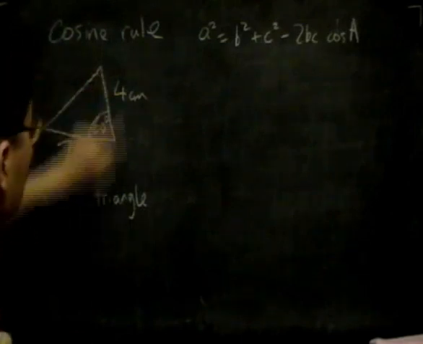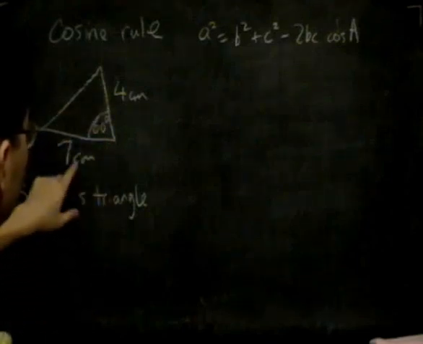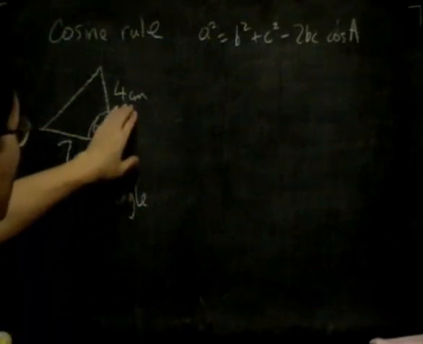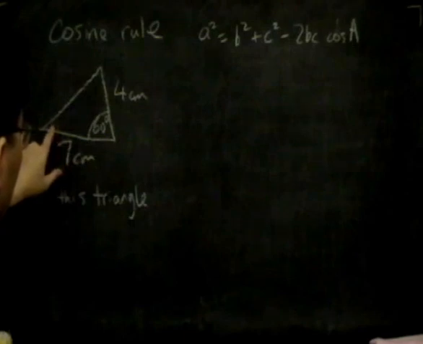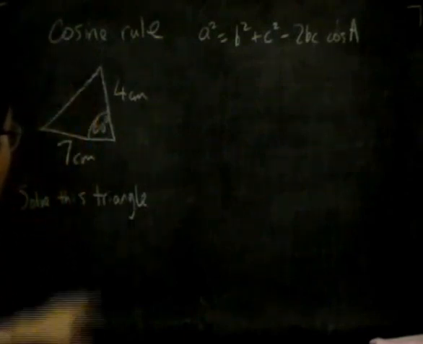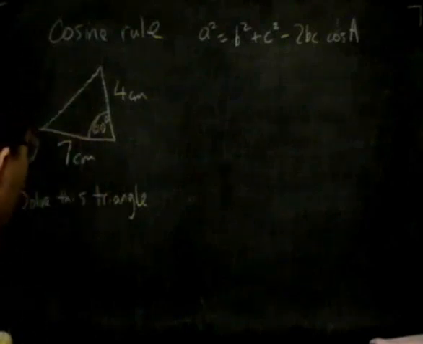In this case I don't know the angle. That's 4 centimeters, and I don't know the angle opposite the 4 centimeters either. And that's 60 degrees, and I don't know the side opposite the 60 degrees.